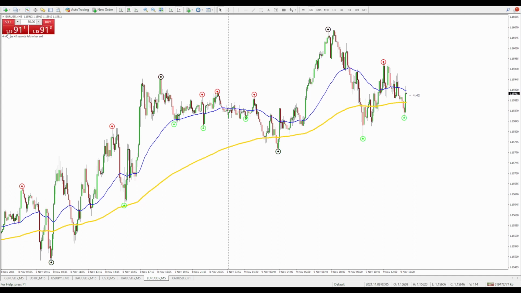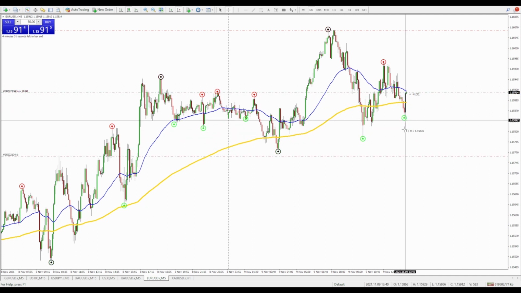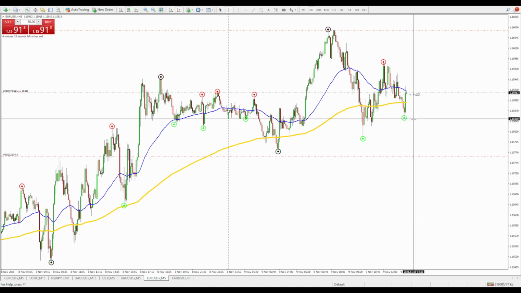But first, I've got a setup on EUR/USD that I'm actually going to involve myself in. I'm going to take 2 trades right here on Euro USD, and our TP is going to be over here, like so. Then I'll place my stops 5 pips below the low, which is going to be at 4796.